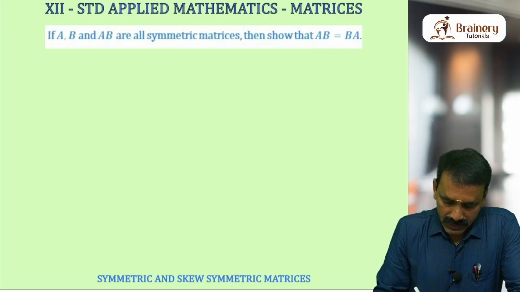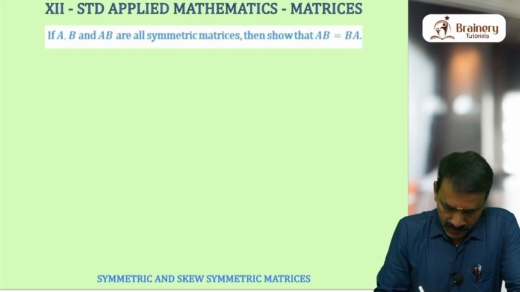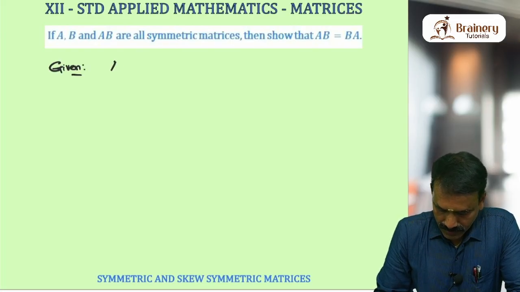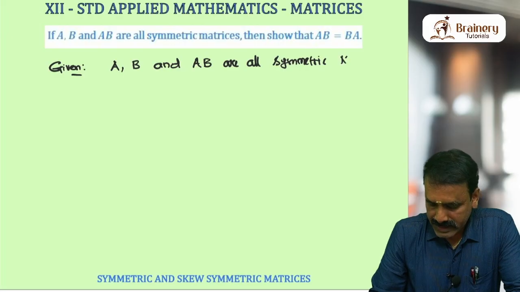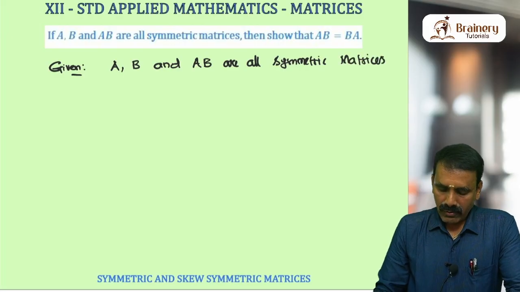So what are the things given to us? Given A, B and AB are all symmetric matrices. So what do we know about that?